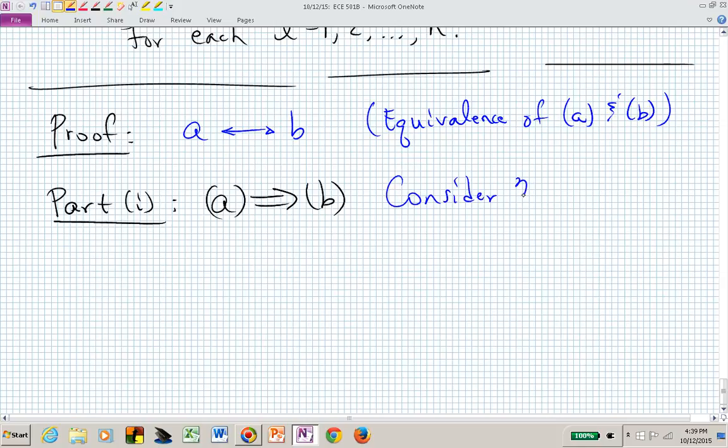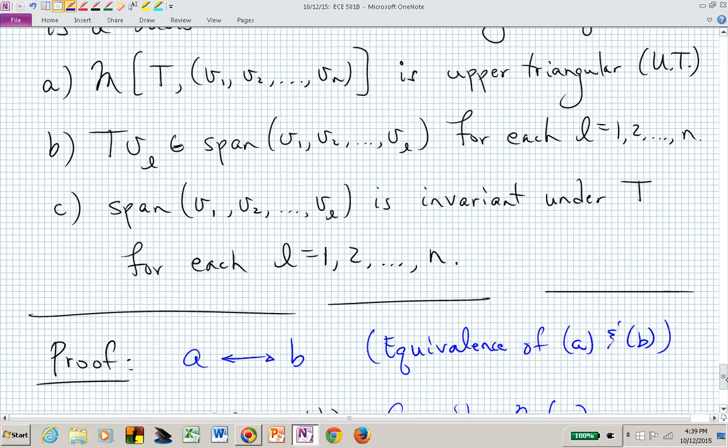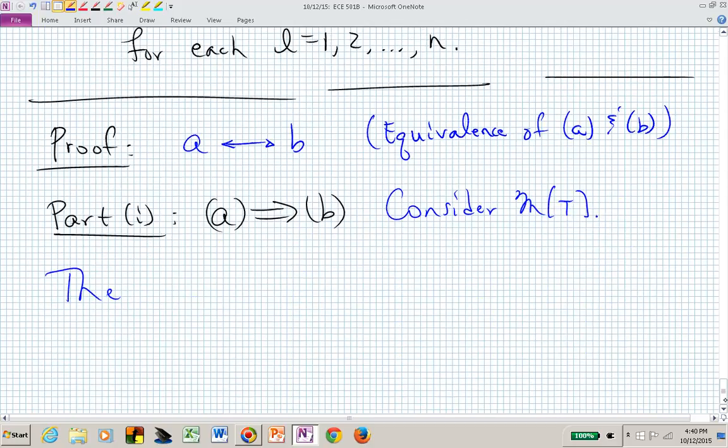And first let's consider this matrix representation of the linear map T. So now we're assuming A is true. A is upper triangular. And what does that mean?